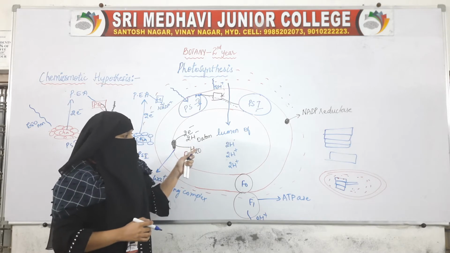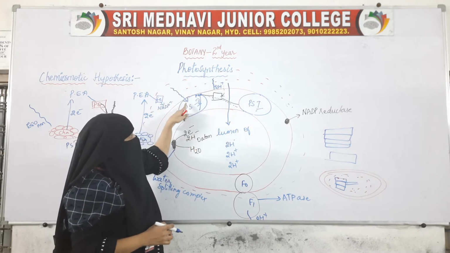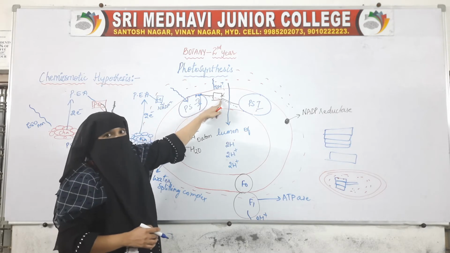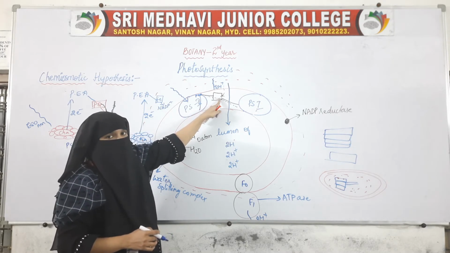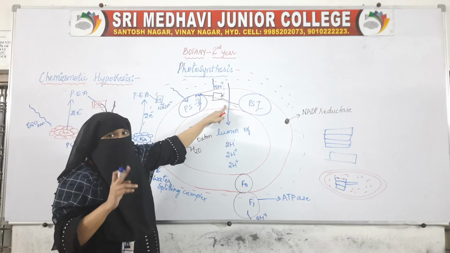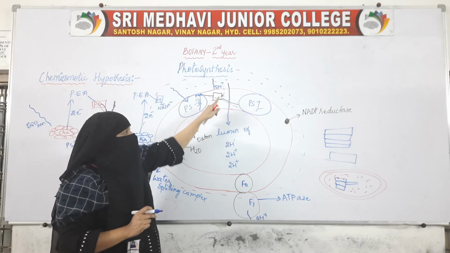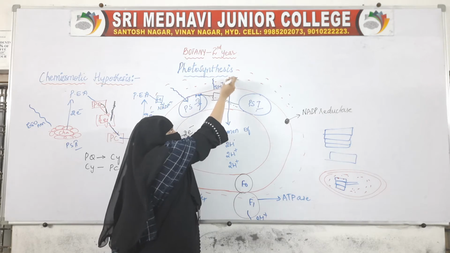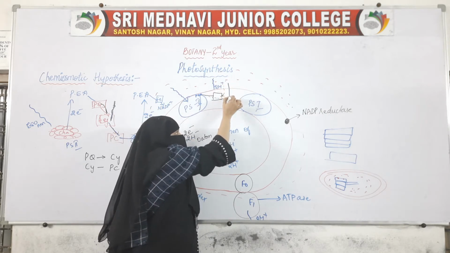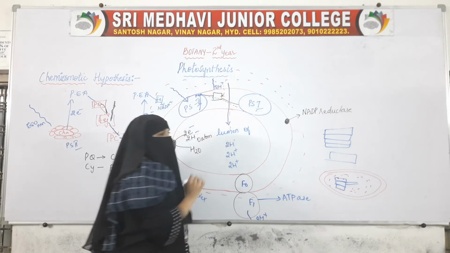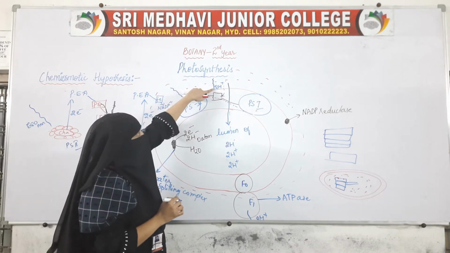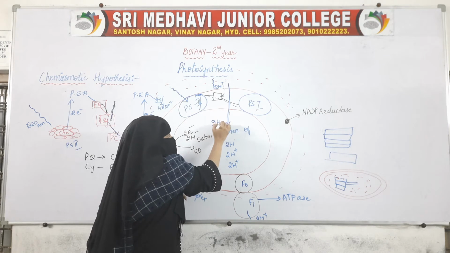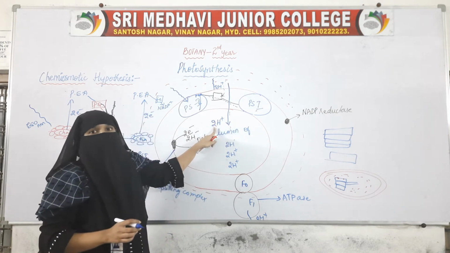Okay, so now this absorbed energy passed the electrons. When the electron was passing from cytochrome to plastocyanin, energy was released by cytochrome, and with the help of this a proton from the stroma has been transported into the lumen. The proton which was present here has now been transported to this lumen.